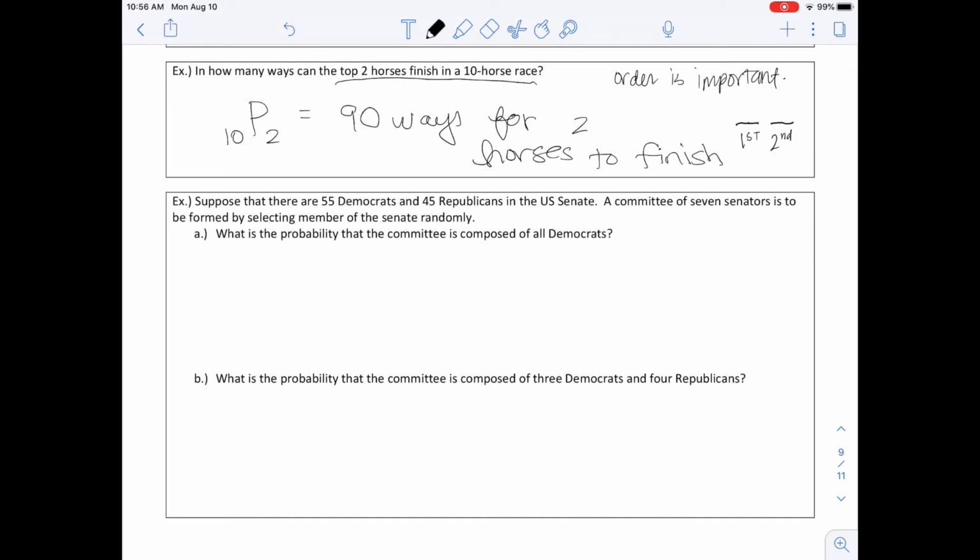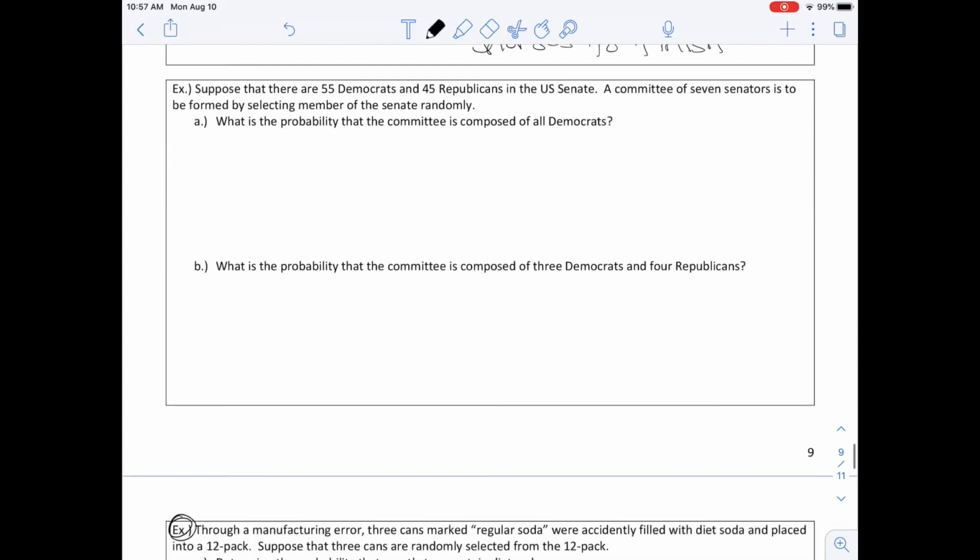Yes, only one will finish it, but how many had an opportunity to do that? It would be 10. And then we'll say Lucky Stripe just finished first. How many horses are still out there that could come in second? There would be 9. Multiplying those two numbers together, we do arrive at 90. So this would be a second way to do this. However, this method only works when we're dealing with permutations, when order matters.